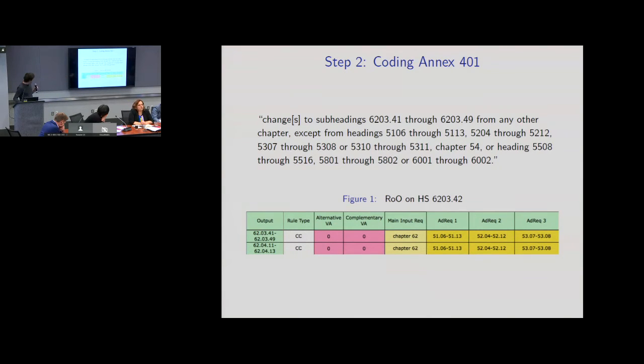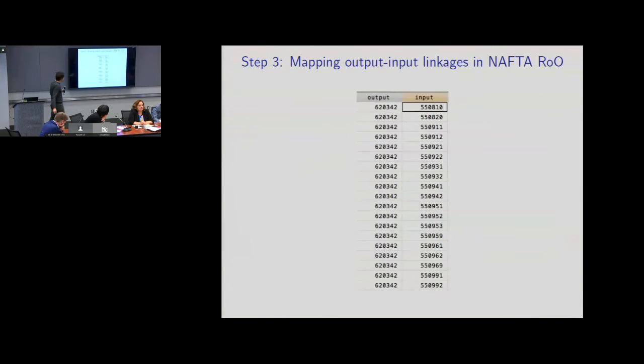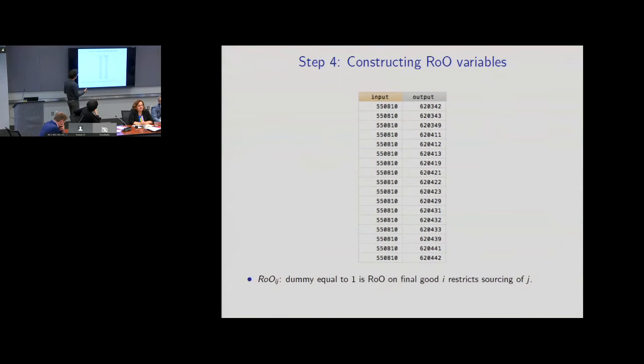So what we do is we convert this data into a data file in which, for every single output, let's say the thread source example I was mentioning before, we're going to have all the intermediate goods that are restricted to be sourced internally in NAFTA. At the same time, for every single input, we're going to be able to connect it with all possible outputs.